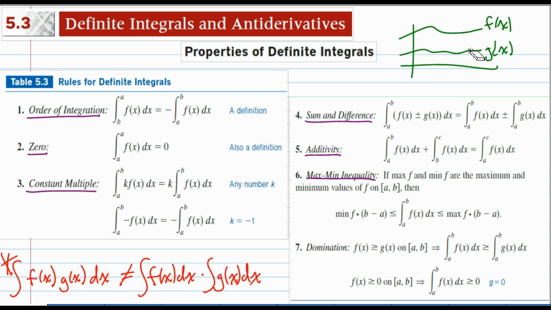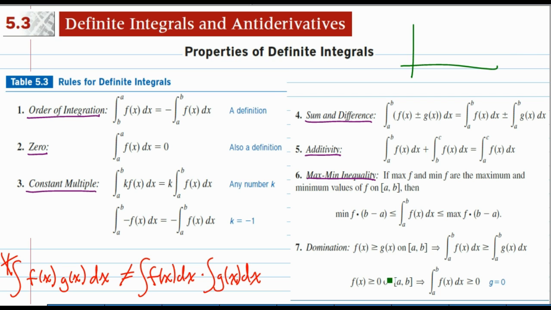Well, definitely. Then the second part to that: if f of x is greater than or equal to 0, the integral from a to b of f of x dx has to be greater than or equal to 0. Well, nothing dipped below the x-axis, so it has to be positive.